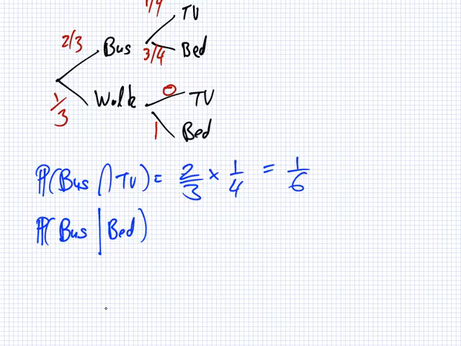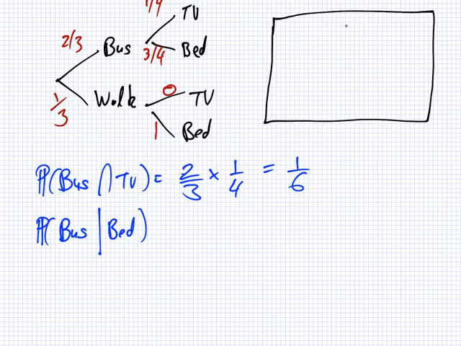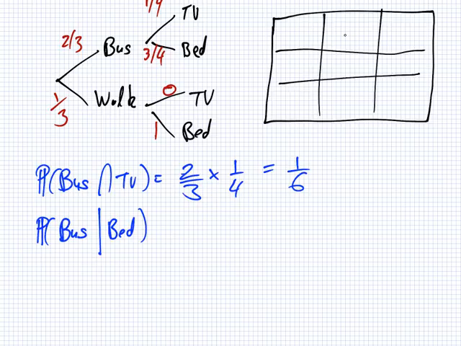The first way, which I know we did in semester 1, is by using a table. So if we look at a table here, it's already familiar. What are our choices? We have TV or bed, and then here bus and walk.